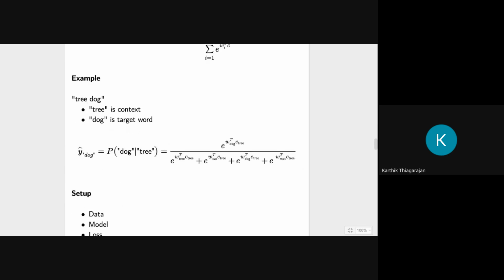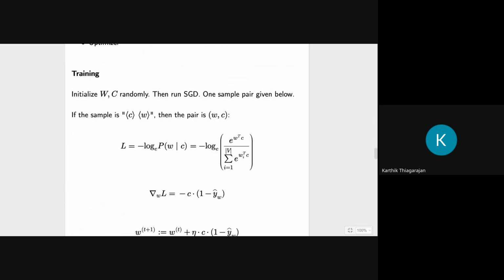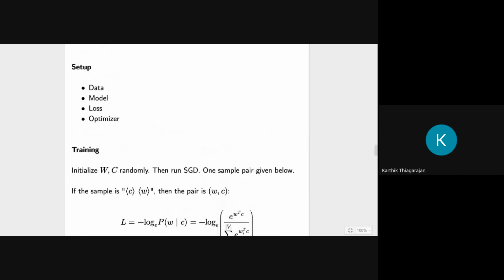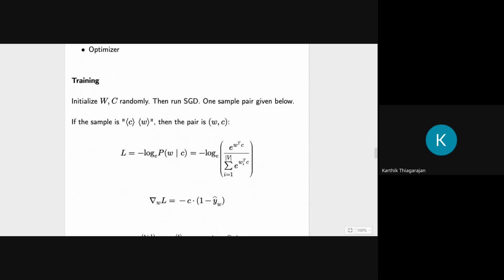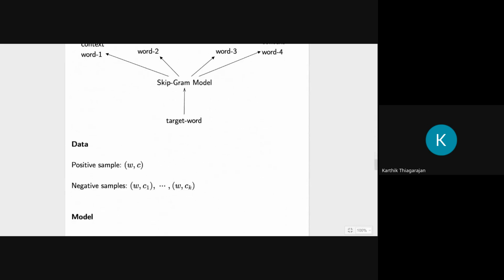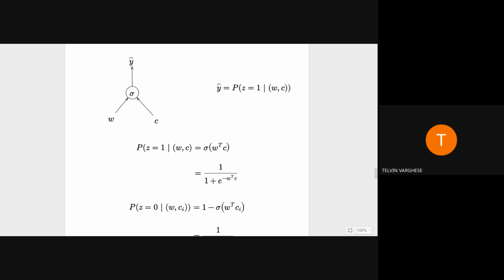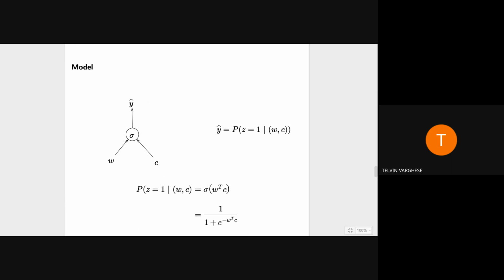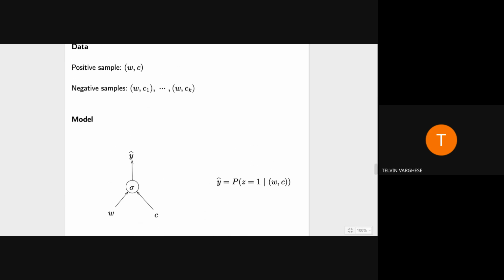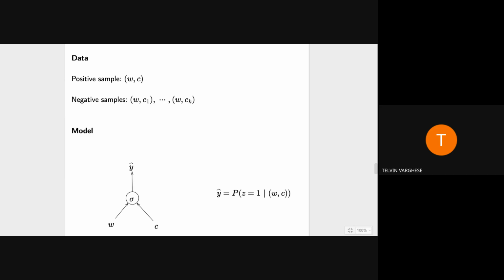And in Skip-gram also it's the same, isn't it? Sir, should we not calculate for the entire context, the entire vocabulary words also, because each and every word has an embedding? So here also it's the same.